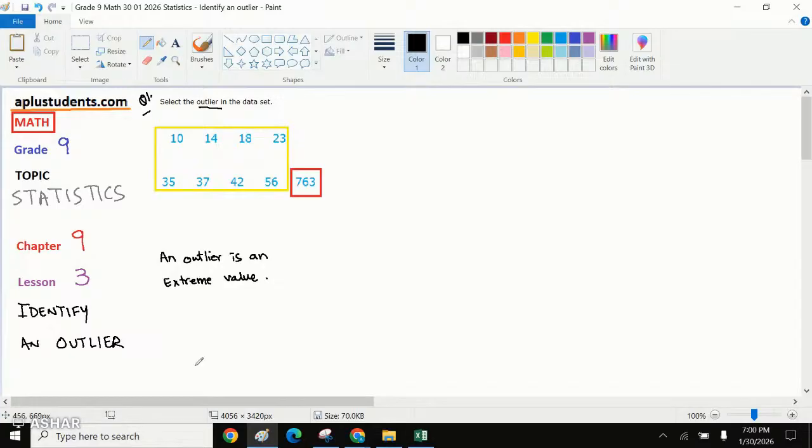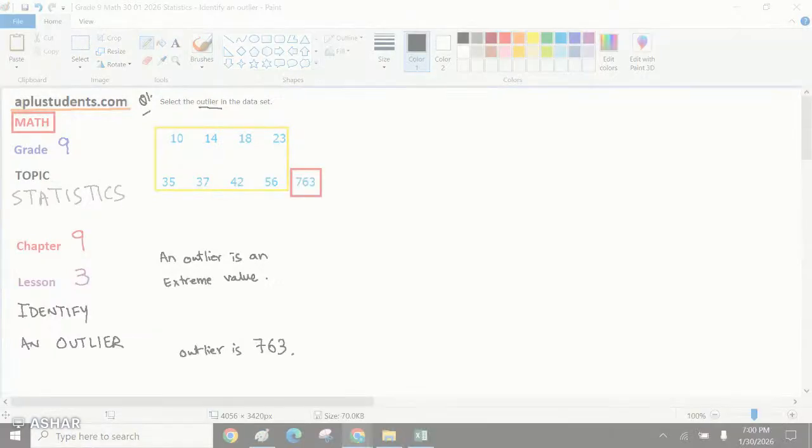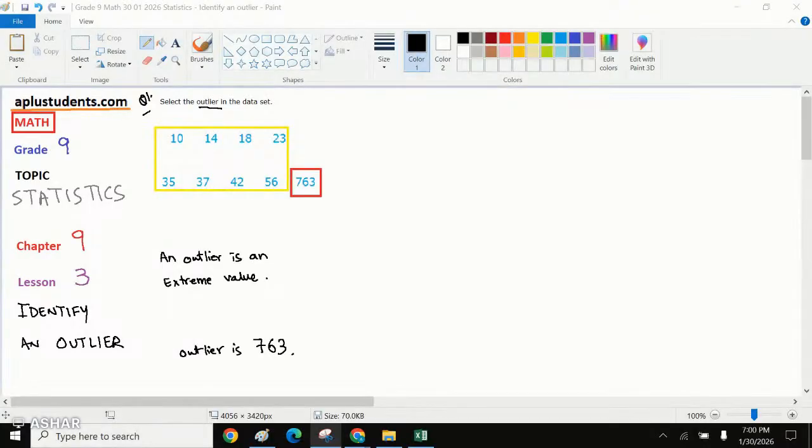So in this case, what is an outlier? 763, because it is far away from the given values. Okay, so today we are just trying to identify an outlier value. For the next question, they're asking us to select an outlier from the given data.